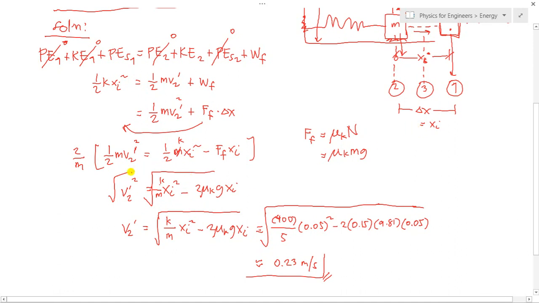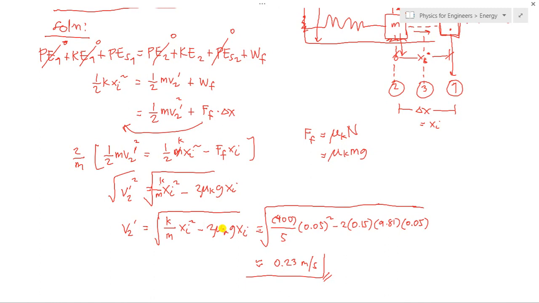So again, mu k m g times x sub i, k x sub i squared minus the frictional force times x sub i, then k over m, the square root of 400 divided by 5, then 0.05 squared minus 2 times 0.15 times 9.81 times 0.05.